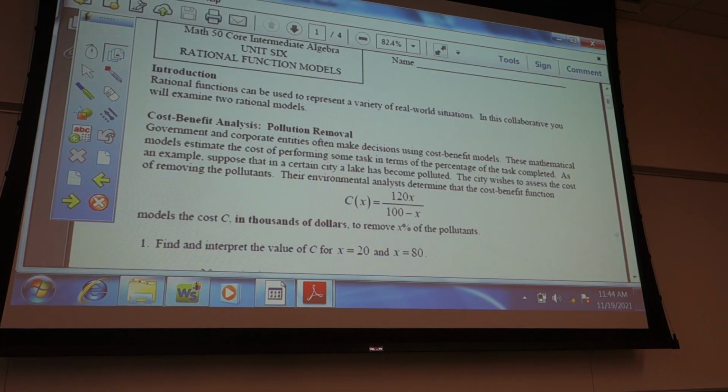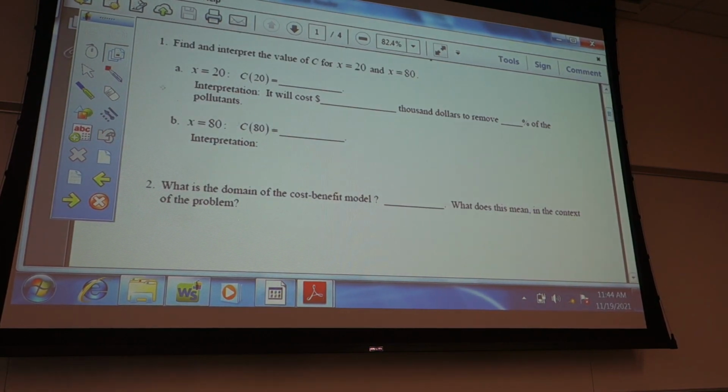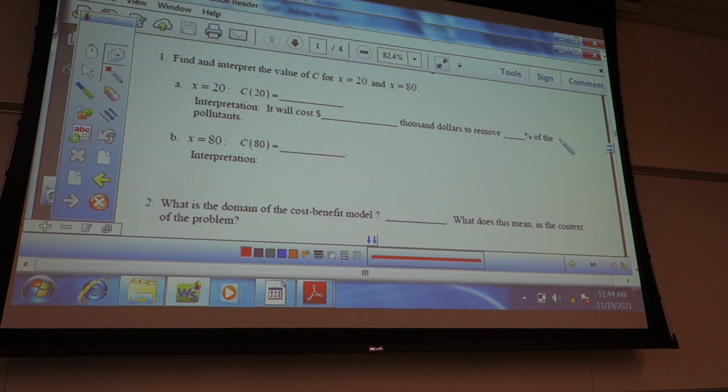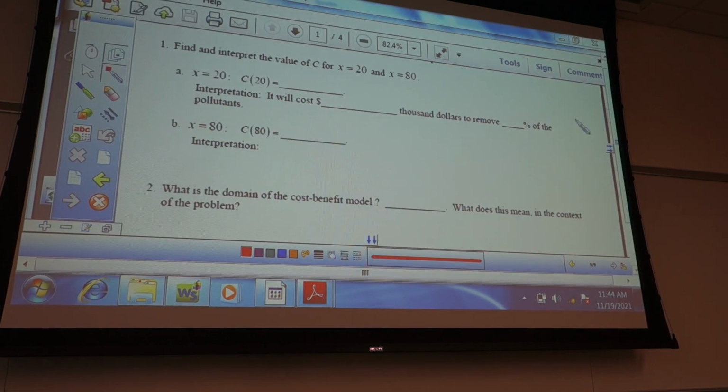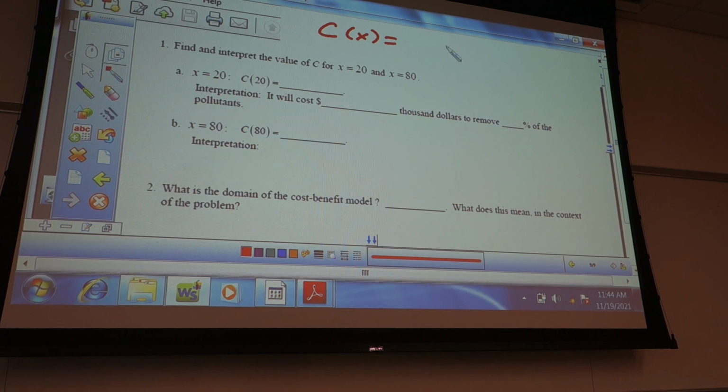So we'll do this one together. All right, so here, if x is 20, C of 20, what's my cost function again? C of x equals 120x over 100 minus x.